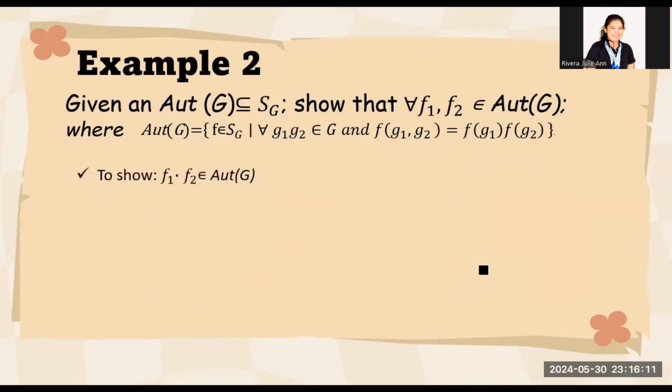To show that the composition of f1 and f2 is an element of Aut(G), we first expand the composition: f1 of f2 of g1 times g2 is equal to f1 of the quantity f2 of g1 times f2 of g2.